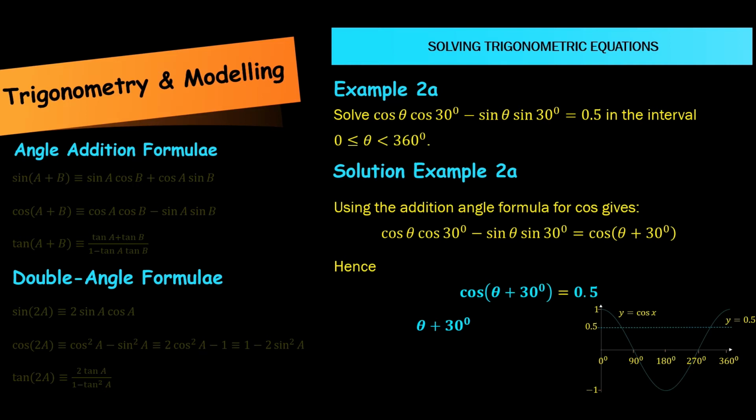And then we draw a line at y equals 0.5 as shown. The cos curve and the line intersect at the point x equals 60 degrees. Therefore, cos 60 degrees equals 0.5.